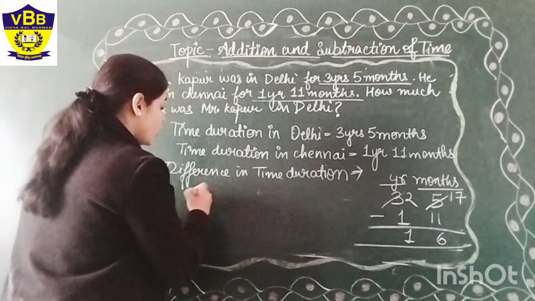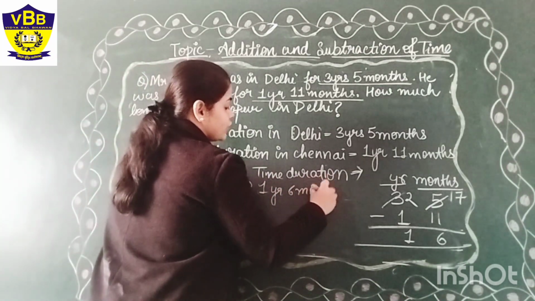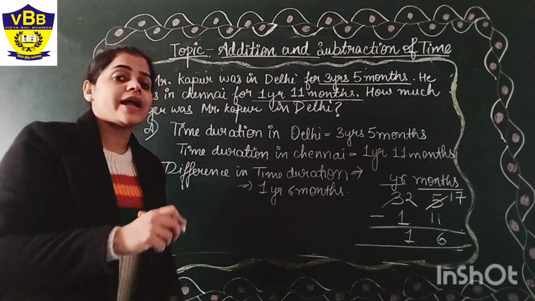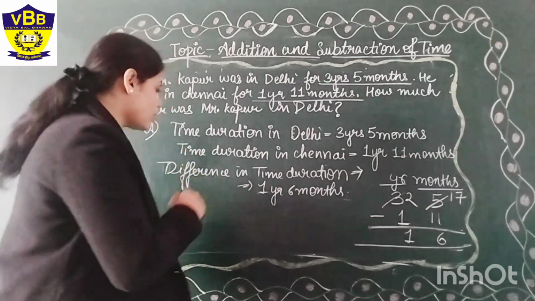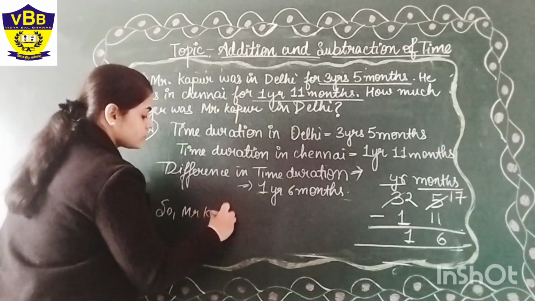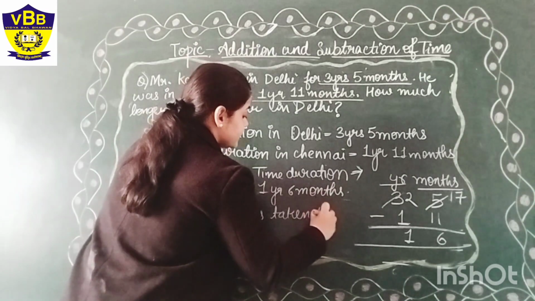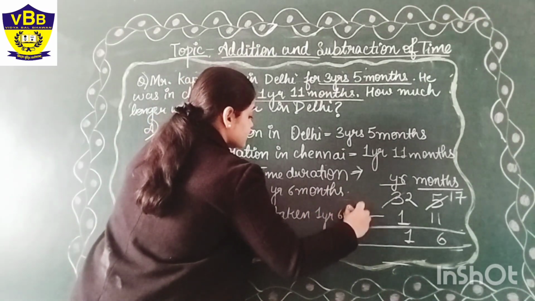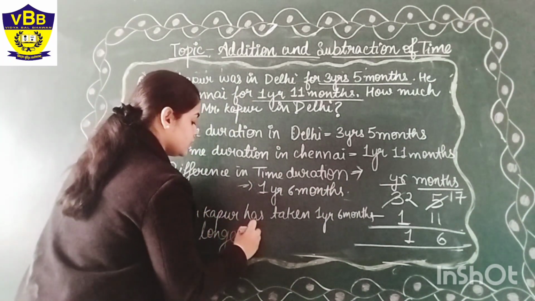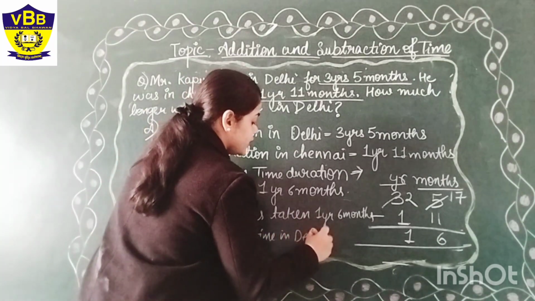So what will be the final answer? 1 year and 6 months. And we have to write the final conclusion also. So, Mr. Kapoor has taken 1 year, 6 months longer time in Delhi than in Chennai.